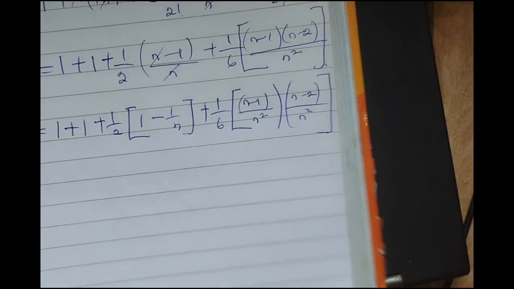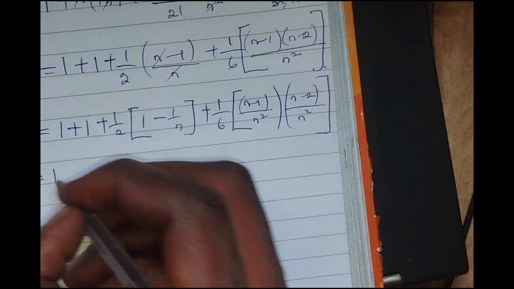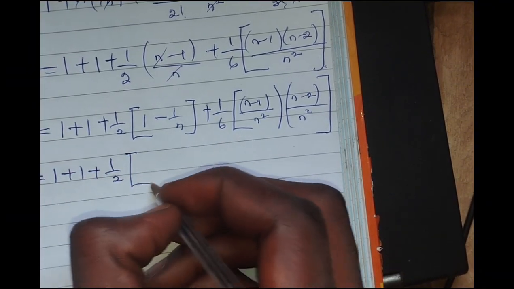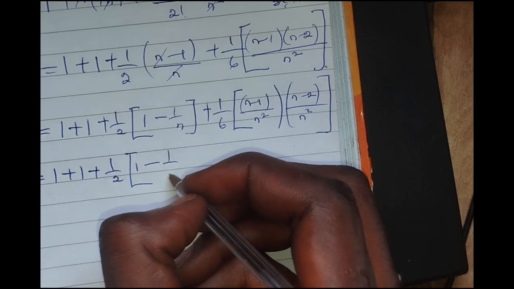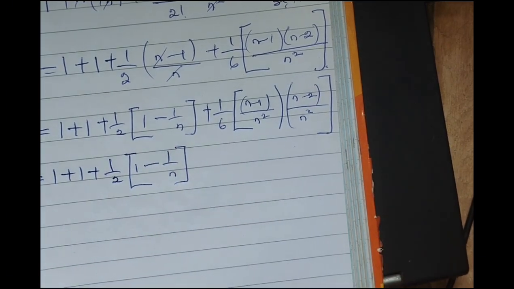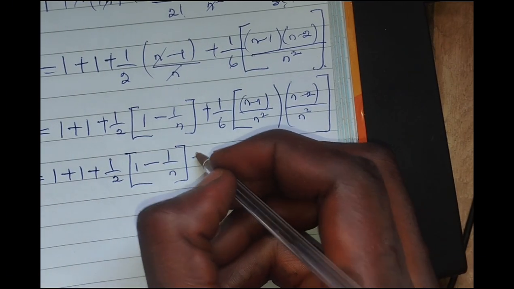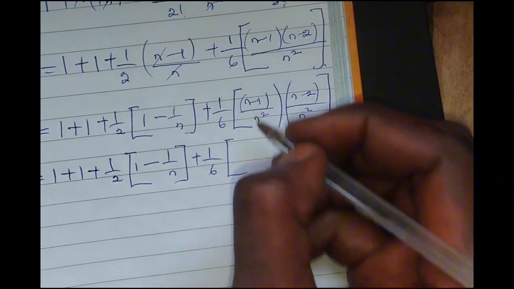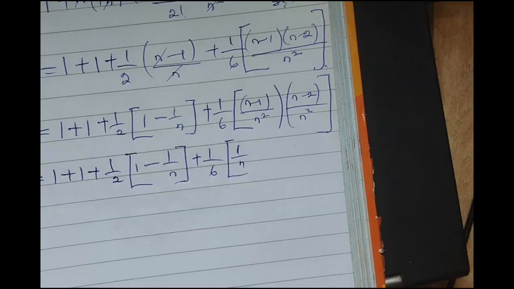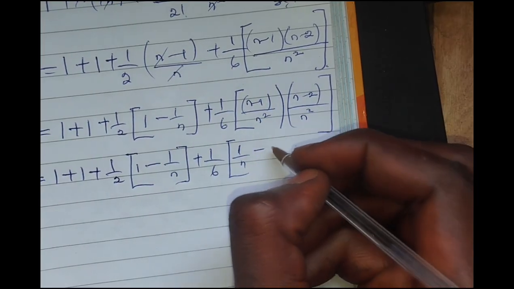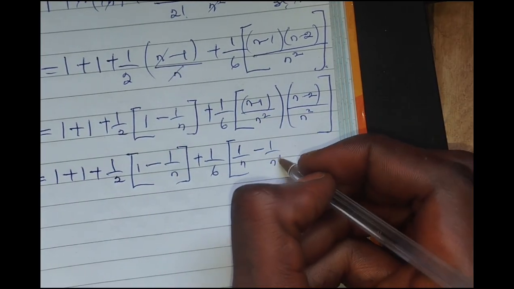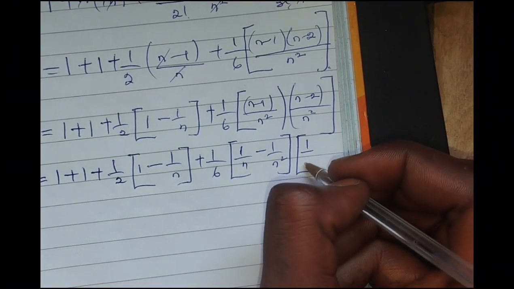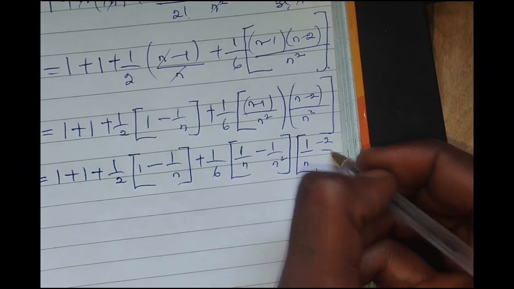Yes, all over n. So we have 1 plus 1 plus 1/2 · (1 − 1/n) plus 1/6 · (n/n is 1) (1 − 1/n)(1 − 2/n).